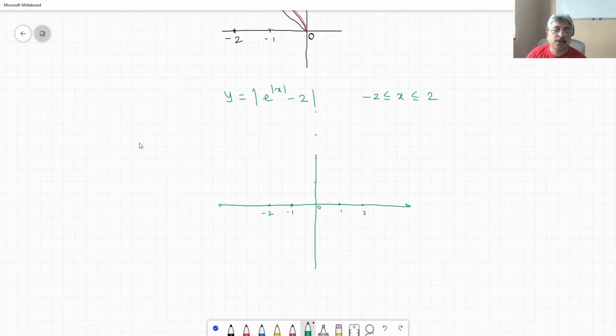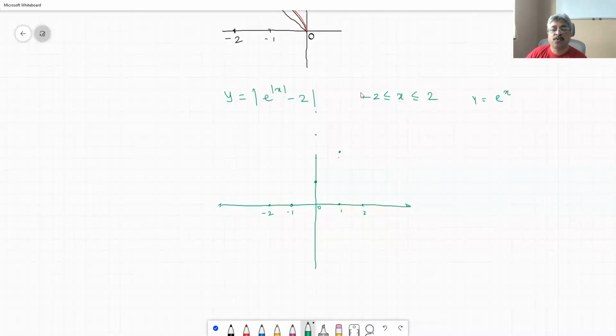Now suppose you have to start with e raised to x. y is equal to e raised to x. So if y is equal to e raised to x, then e raised to 0 is 1. This point is there. e raised to 1 is e, so it is a little greater than say 2.3 or something.